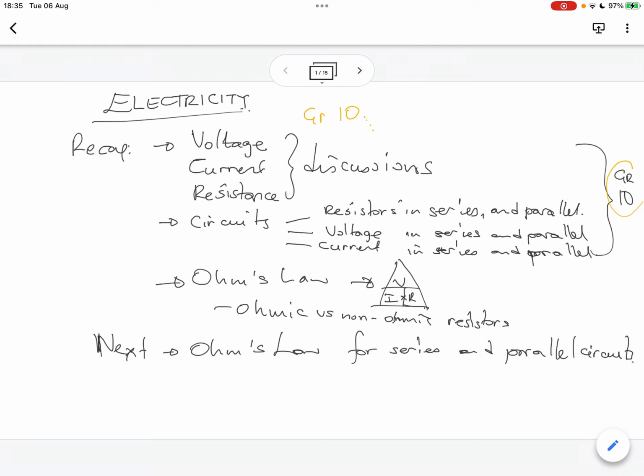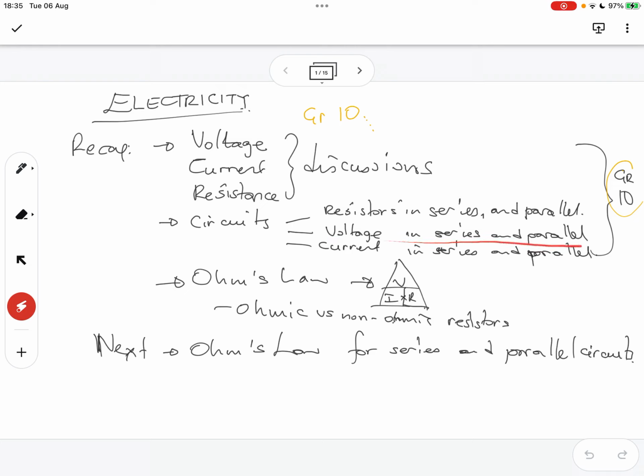Yeah, there we go. So, quick recap. I'm going to need you to click on the next slide as we move forward. We discussed the concepts of voltage, current, and resistance, and we also looked at different circuits, with resistors in series and in parallel, voltage in series and in parallel, and current in series and in parallel. Current is usually measured in the direction of flow in the circuit.